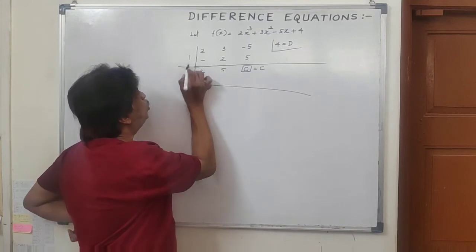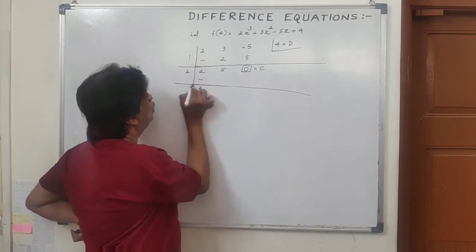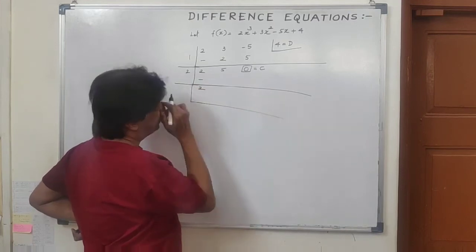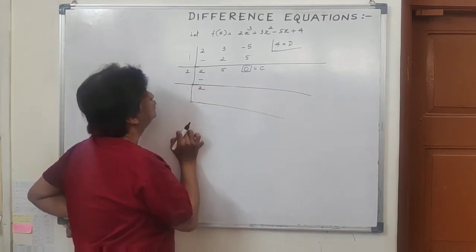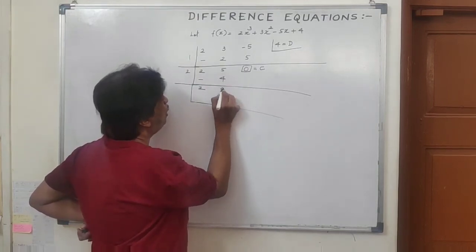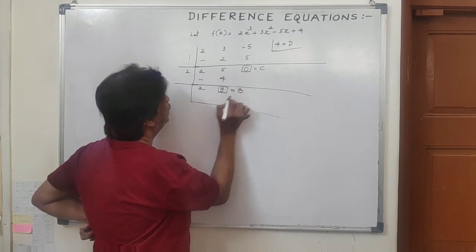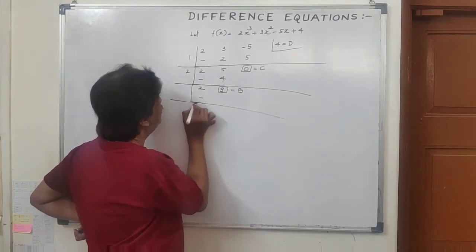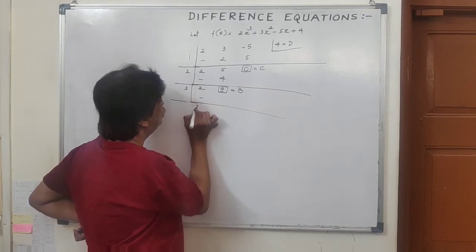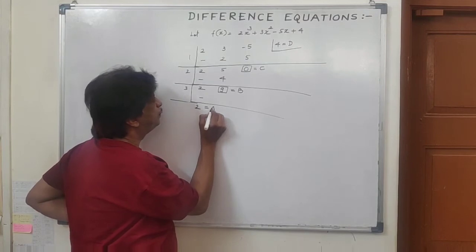Now I will divide this by 2. 2 into 2, 4. 5 plus 4, 9. I shall detach this coefficient and name it b. And now I shall divide this by 3. This is 2. So this 2 is equal to a.